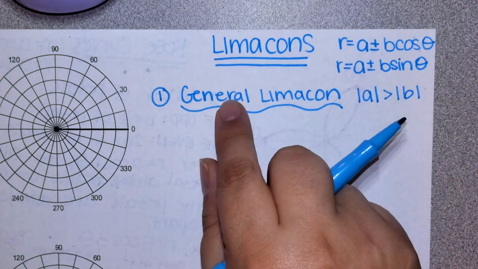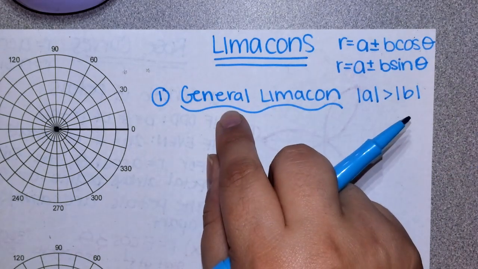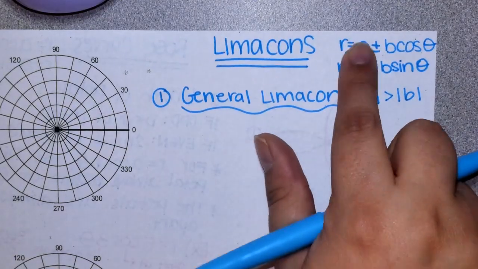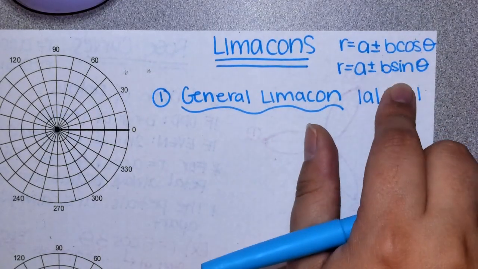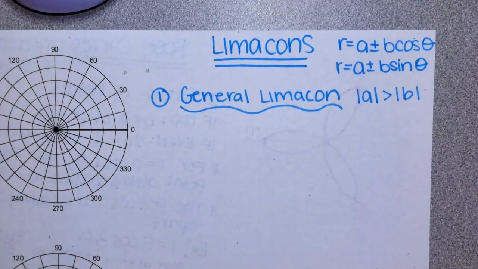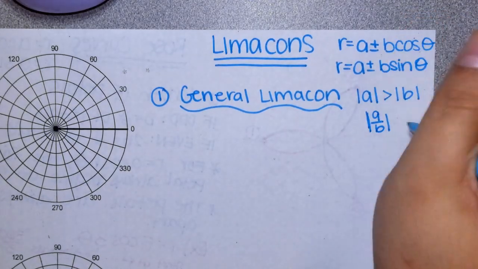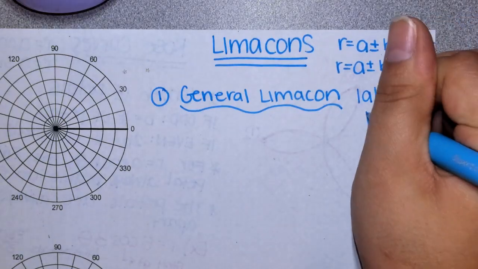Somebody even said general is like, I think of that like in military terms, it's the top dog type thing. The first person is bigger than the second person. That's how I remember general. Also, you could say that the absolute value of A divided by B is bigger than 1.